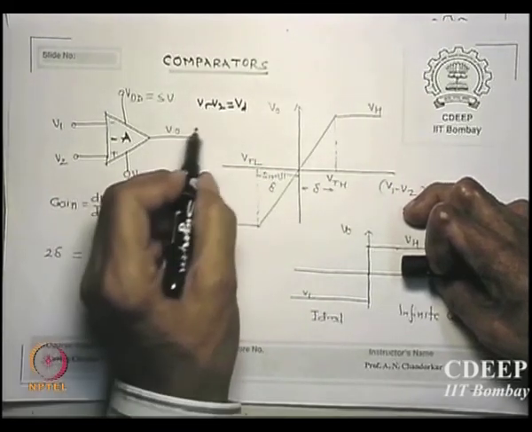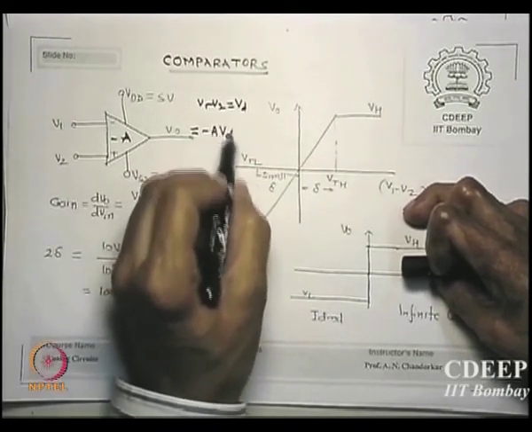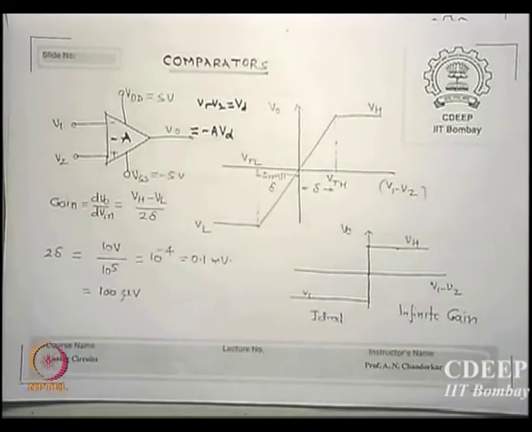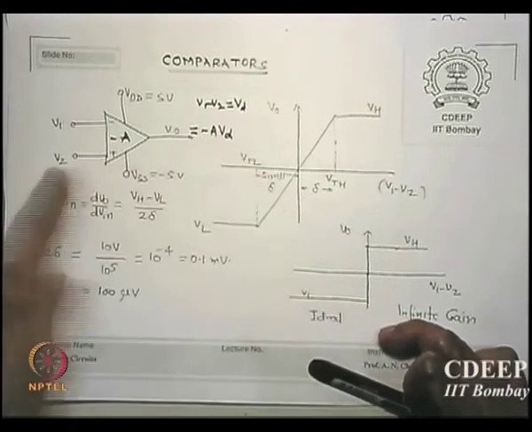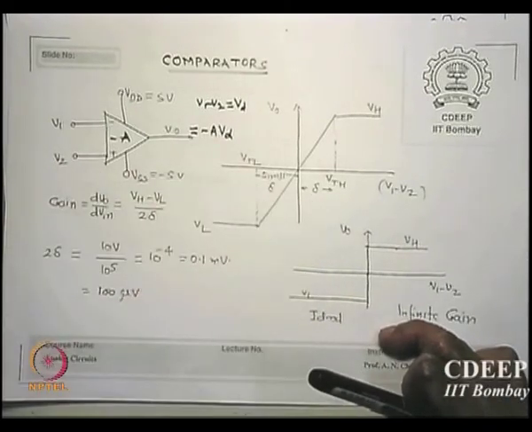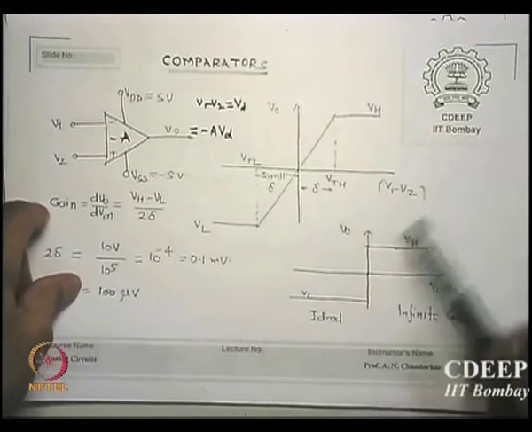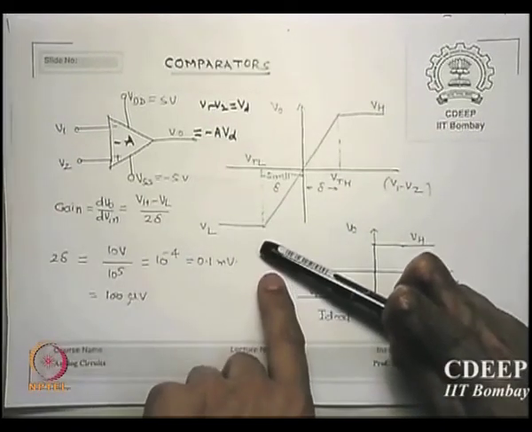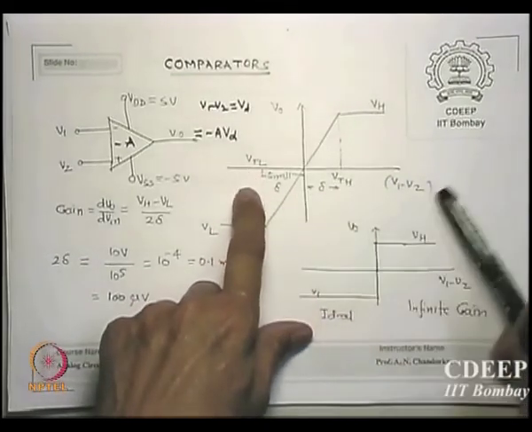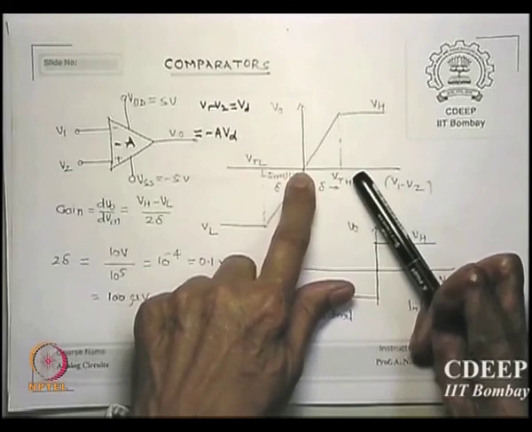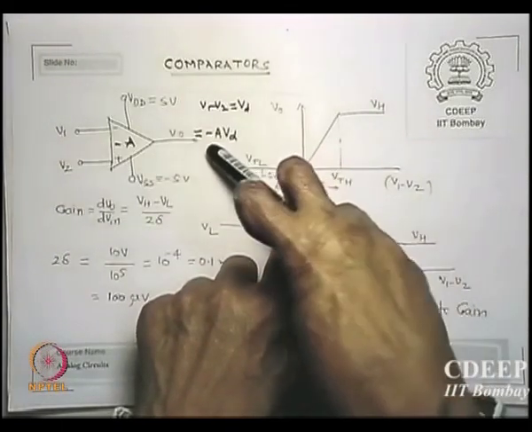Is that clear? Vd is the difference signal, V1 minus V2. A times, this is डिफैम का थ्योरी है, डिफरेंस गेन के टाइम सिग्नल एम्पलीफाई होता है। If I plot this same thing on a graph, V0 versus differential, I see some small value of, say this is V1 minus V2, at 0, if there is no offset, output is 0.